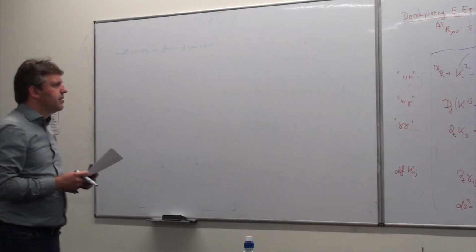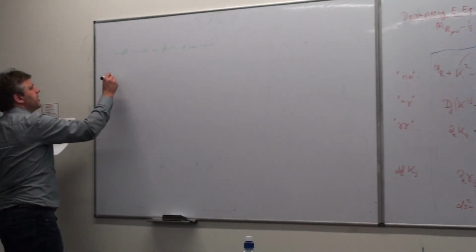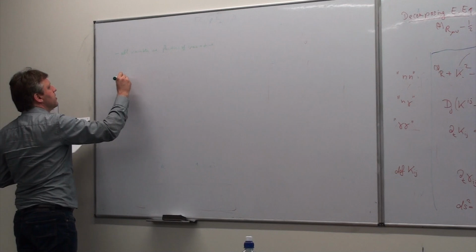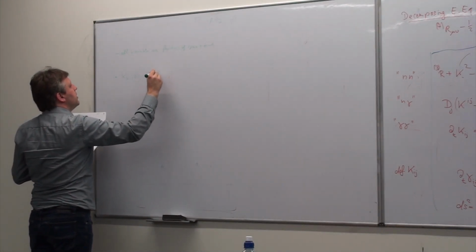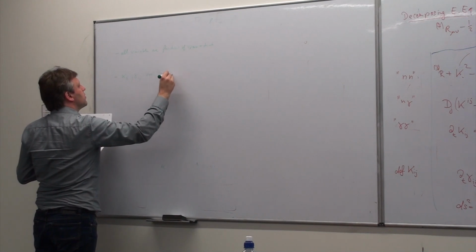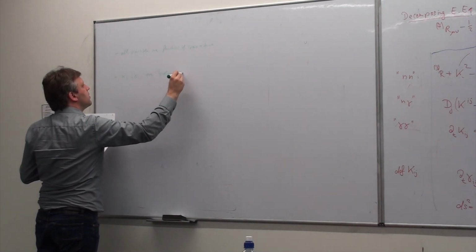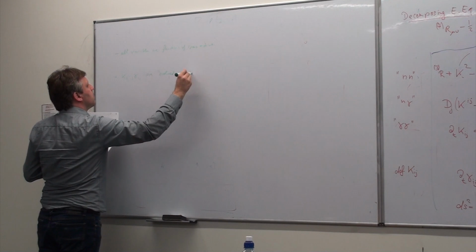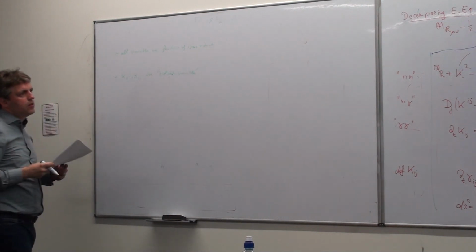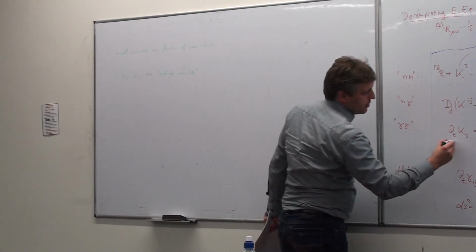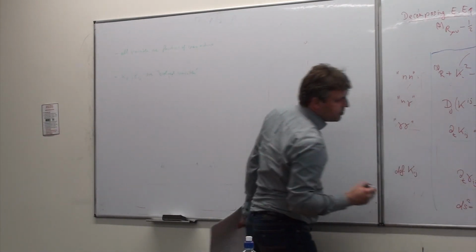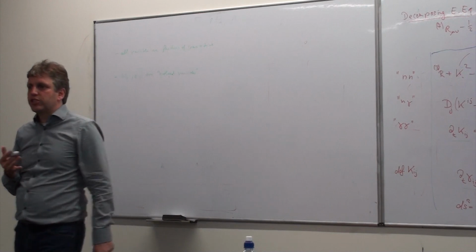It looks like Kij and gamma ij are evolved variables. So you have equations here that give you the time derivatives of Kij and gamma ij.